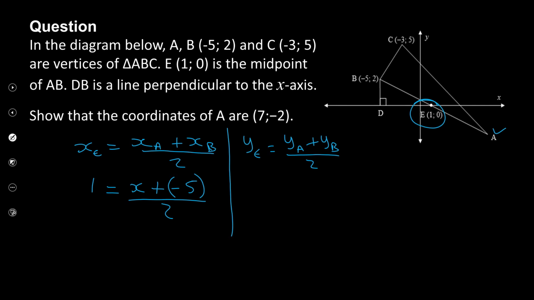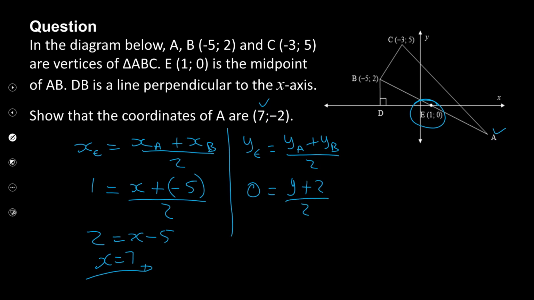If I quickly solve for x here, it will be 2 equals x minus 5, and then x will be equal to 7. Already you can see I have my x there. And then here it will be 0 equals y, y at B will be 2, so that's plus 2, over 2.